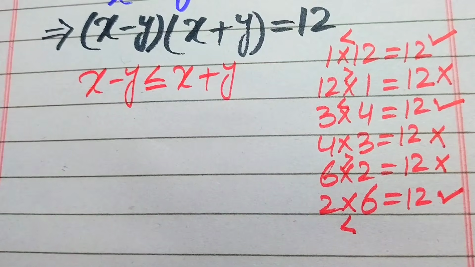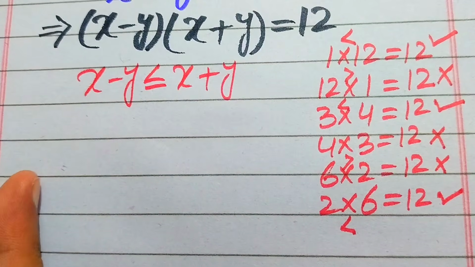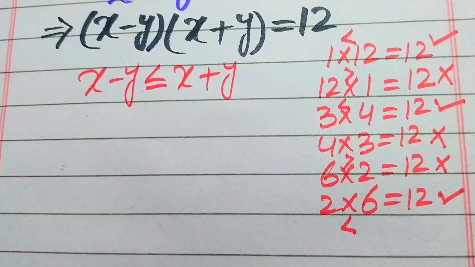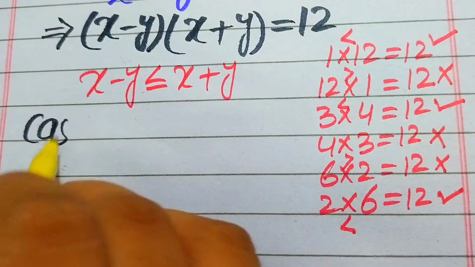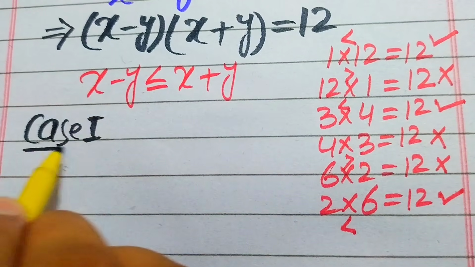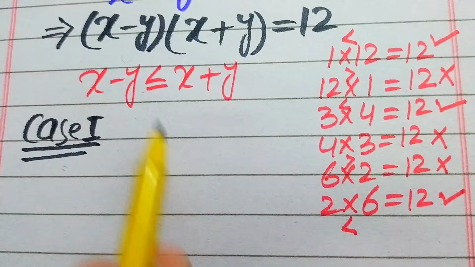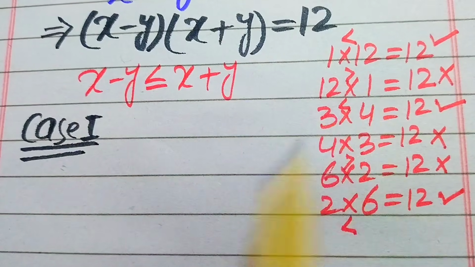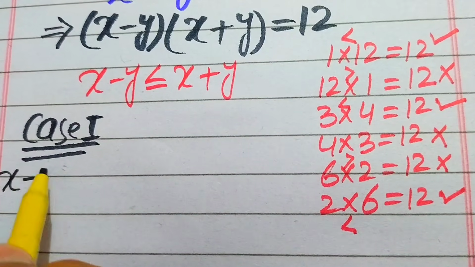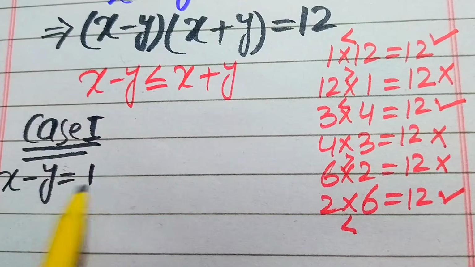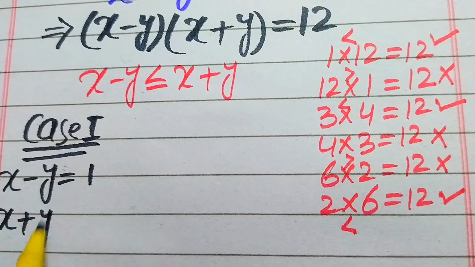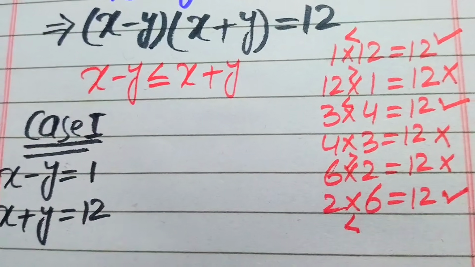Now first we write our case number 1. In the first case we compare x minus y and x plus y with 1 and 12, and we write it here. x minus y is equal to 1 and x plus y is equal to 12.